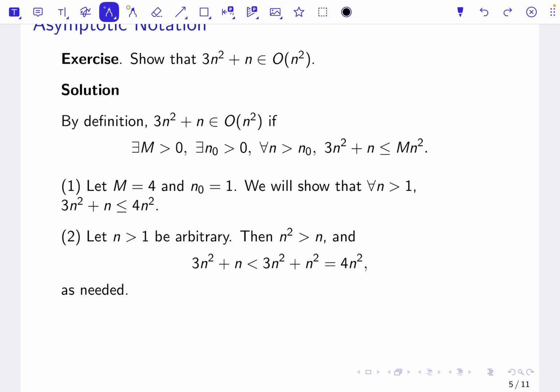But I'm going to go and do the thing that I actually recommend doing. Start by rewriting the thing that you're actually trying to prove.